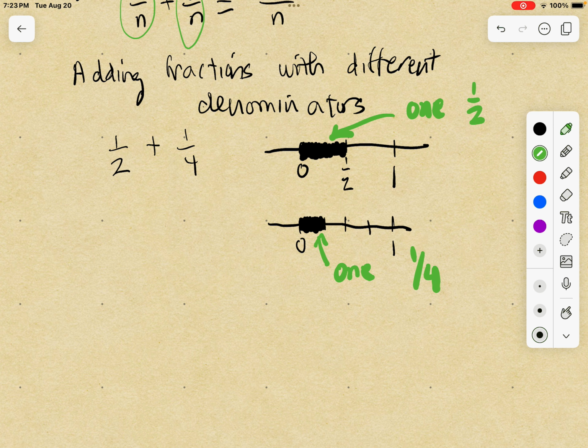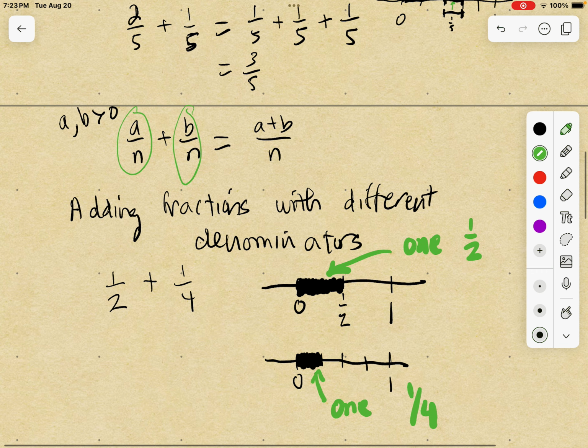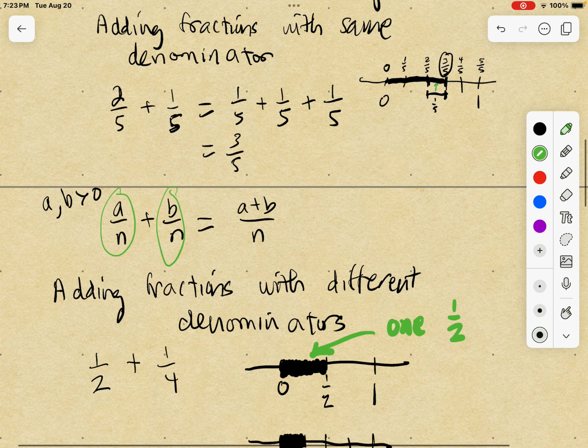But when you put them together, you don't know what you get yet, because before I was taking 1/5 and 1/5 and 1/5. I was taking the same unit, if you will, the same type of number, and just adding them.